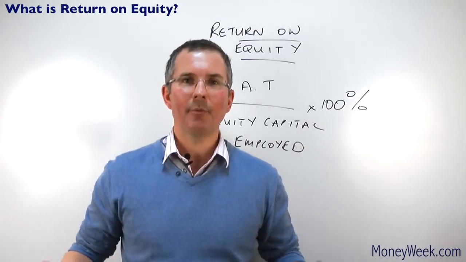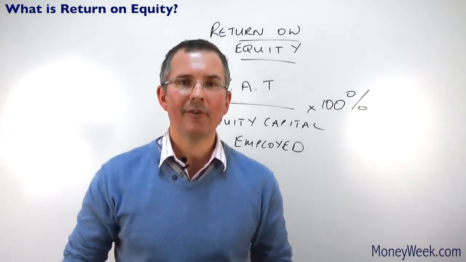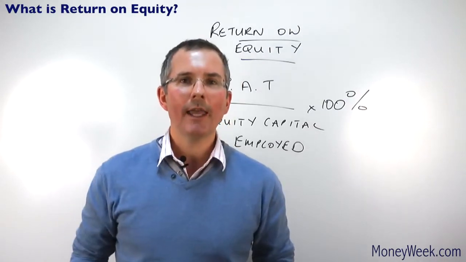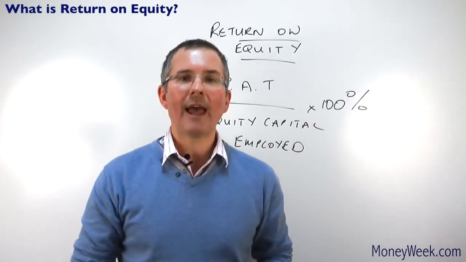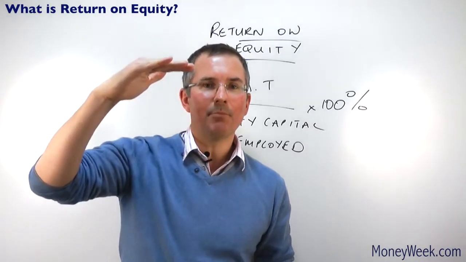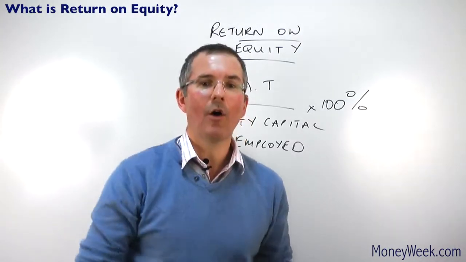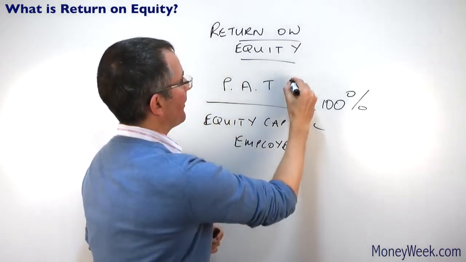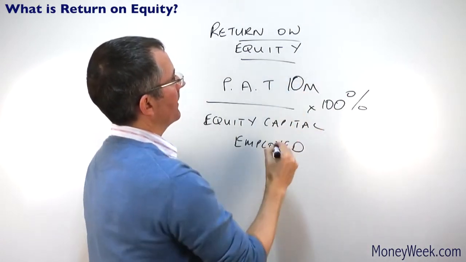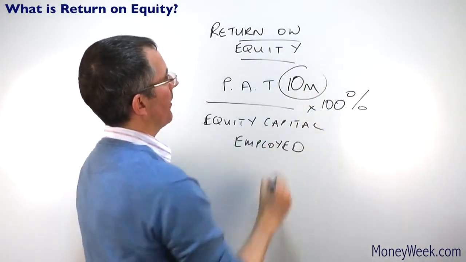What would that give us if we put some numbers in? Well, supposing I'd gone to a set of accounts and pulled out a company with profit after tax, that's quite near the bottom of the profit and loss account, of 10 million. So profit after tax, 10 million. These numbers are in sterling, all right?